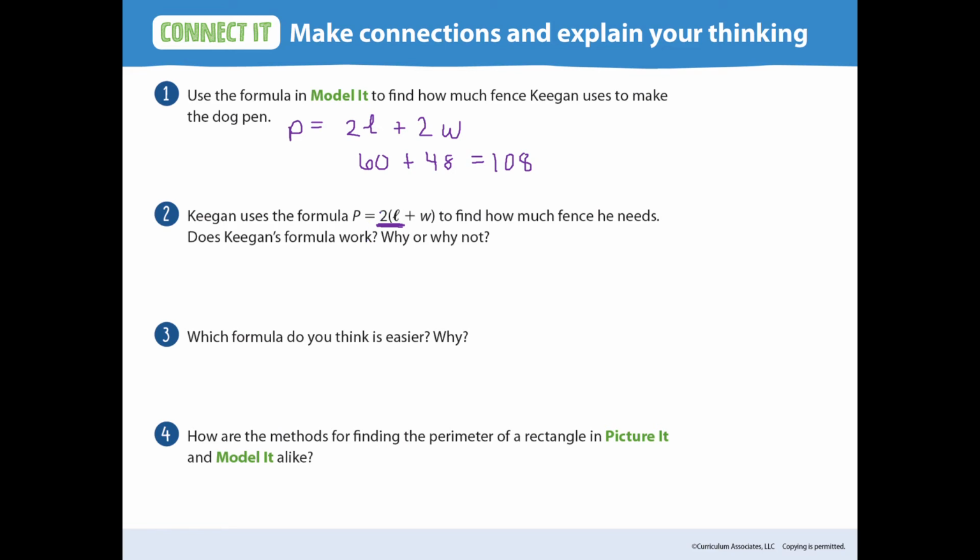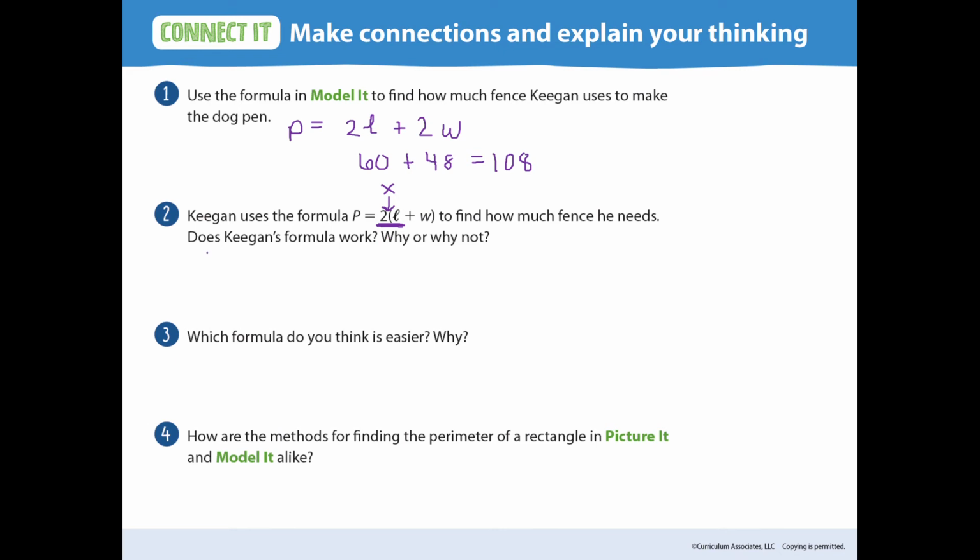So just keep this in mind. Anytime you see a number or a letter that's right next to the parentheses, this means to multiply. So this 2 that's right next to the parentheses means you are going to multiply 2 by the sum of the length and the width.